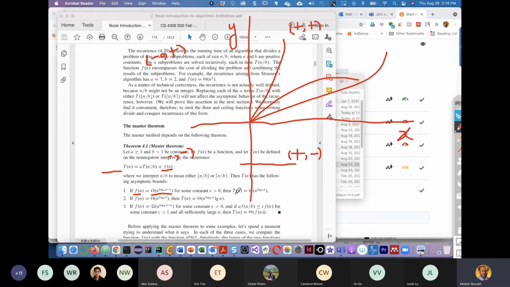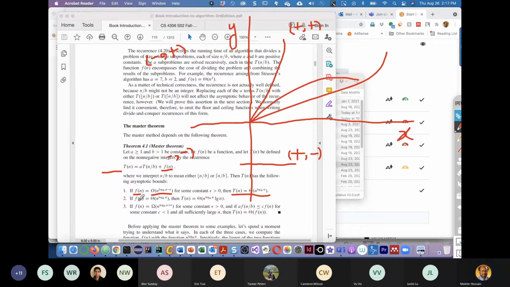Then we'll see that T(n), the running time, equals theta of n to the power log base b of a. We just get rid of the epsilon part. We will come up with some concrete examples.